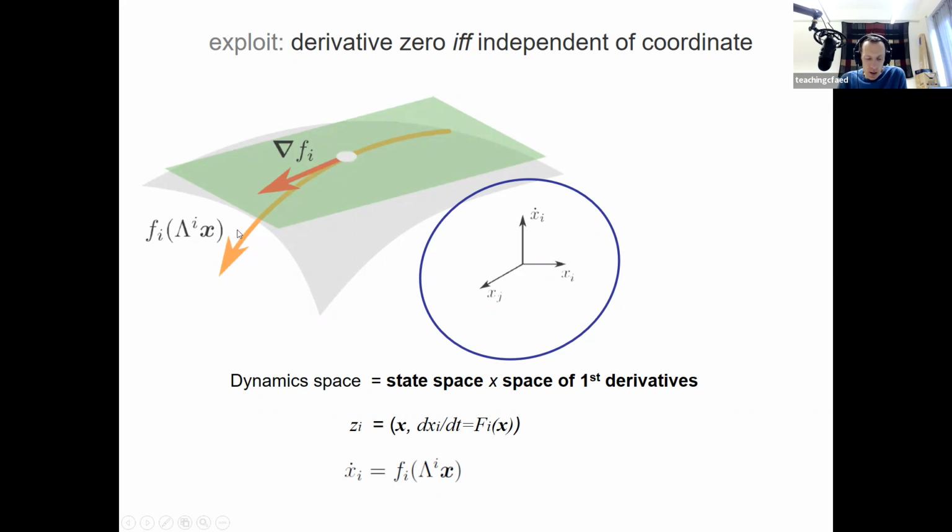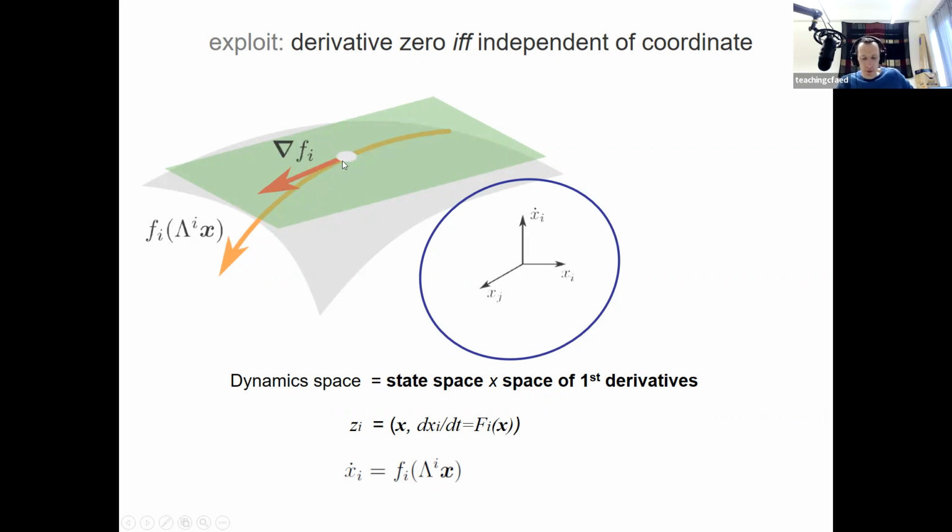So then you can plot a surface on top of state space and say, at which point on state space does my rate of change, like what is the rate of change at which point in state space? And this is given by fi of lambda ix. And the tangent vector is given by the gradient of that function.